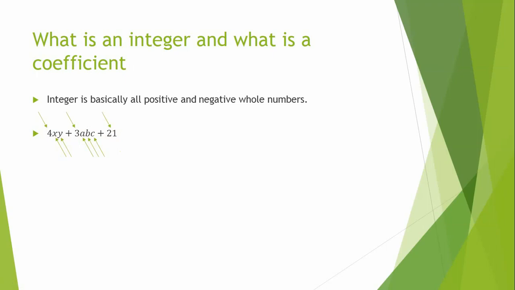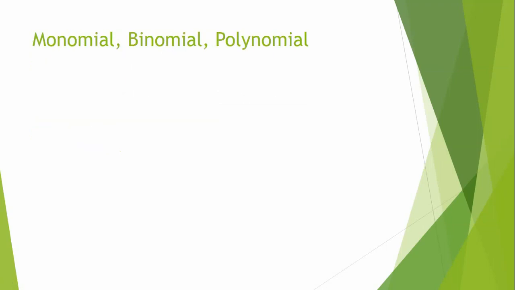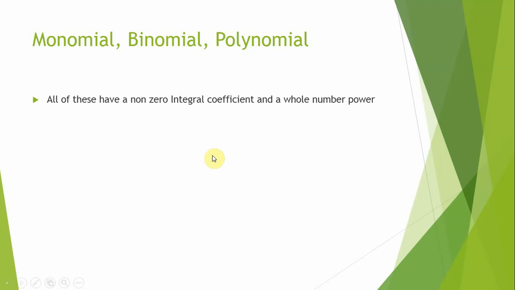Let's move on further. Let's talk about what a monomial, binomial and polynomial is. All three have non-zero integral coefficient and a whole number power. So let's talk about the monomial first. A monomial is an algebraic expression with a single term, right?